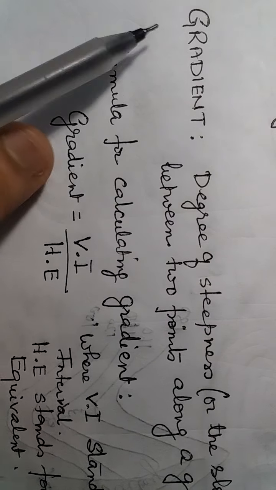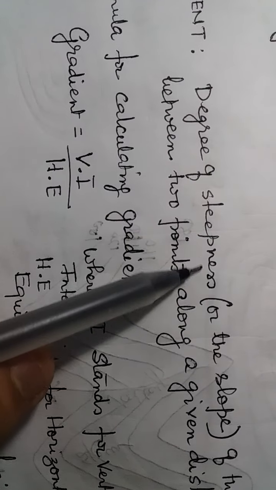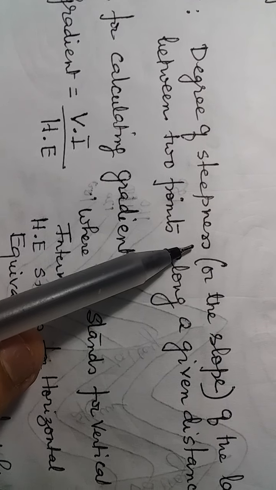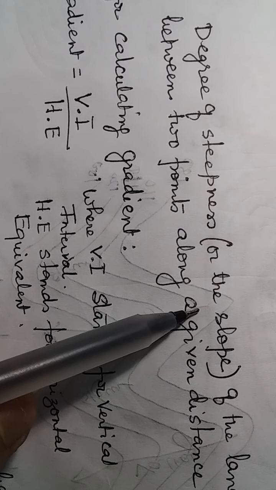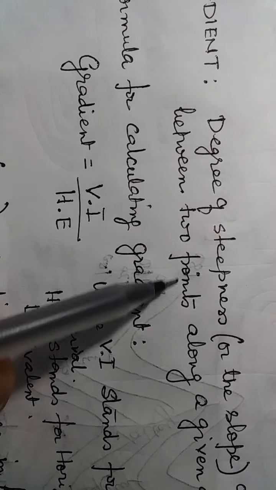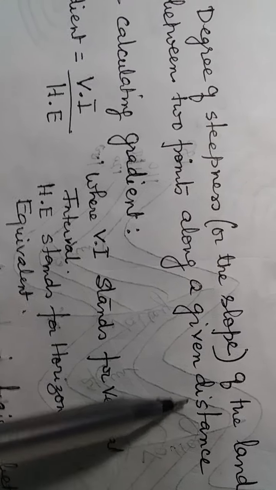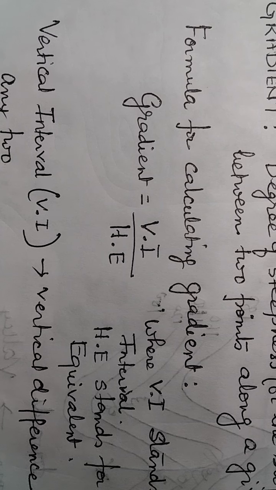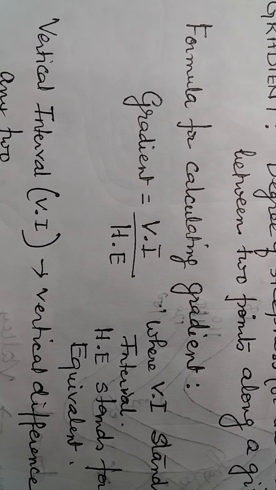Now let us take gradient. Gradient is the degree of steepness or the slope of the land between 2 points along a given distance. Now normally we are asked to find out the gradient between 2 points on the map.